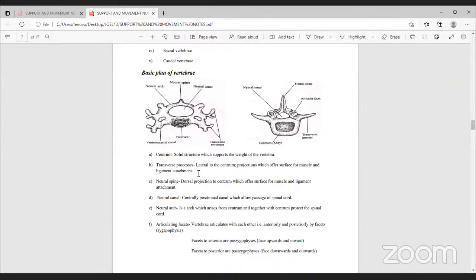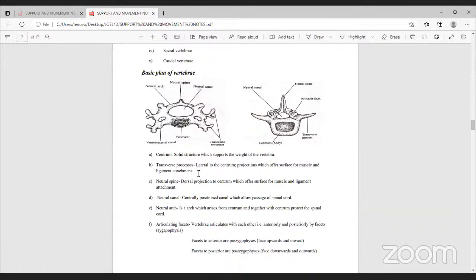So the centrum and its function: it is a solid structure that supports the weight of the vertebra.